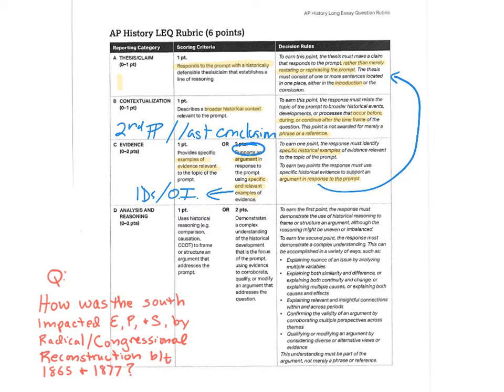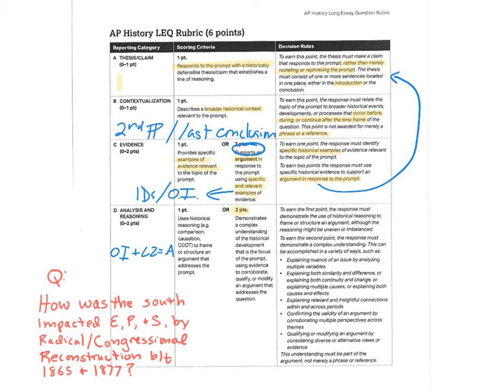D, same thing, 1 or 2 points. We're shooting for 2 points, obviously. This is your inferences, your analysis. Remember, our equation is the OI from C plus your inferences equals analysis.